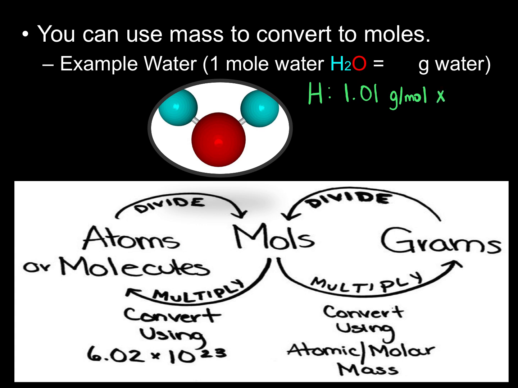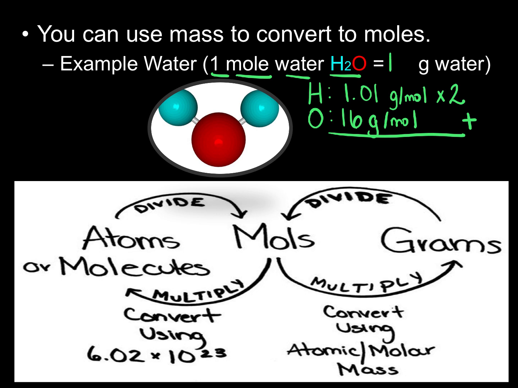But since we have 2 atoms of it, we're going to go ahead and multiply that mass by 2. And then we're also going to add the mass of oxygen, which is 16 grams per mole. So when I add that all together, the mass of 1 mole of water is going to weigh 18.02 grams.